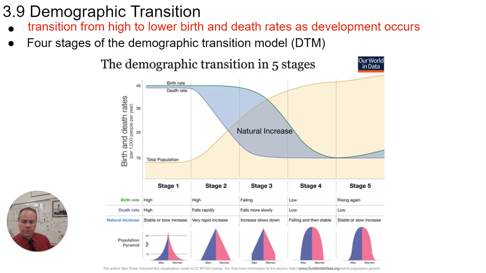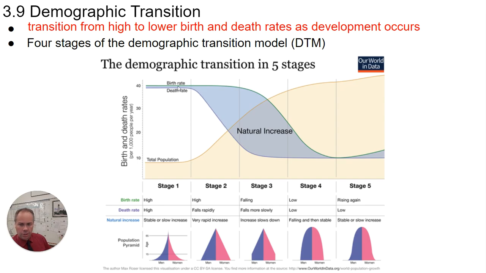As countries obtain better nutrition, technology, as economies start to develop, we see shifts into stage 2. In stage 2, typically the birth rate stays high, but because of better access to food and better health care, the death rate starts to decline pretty drastically.